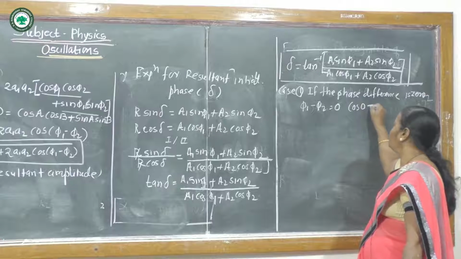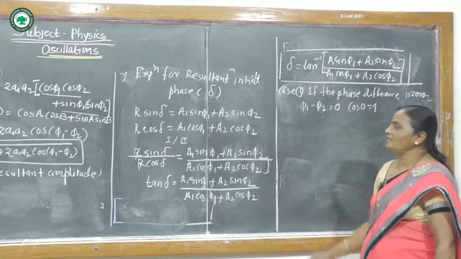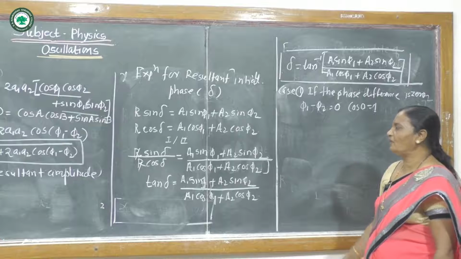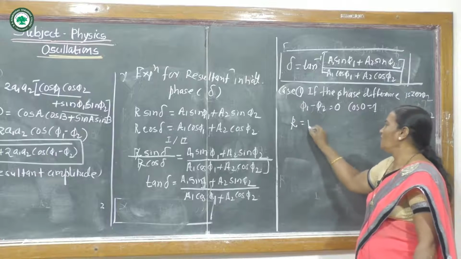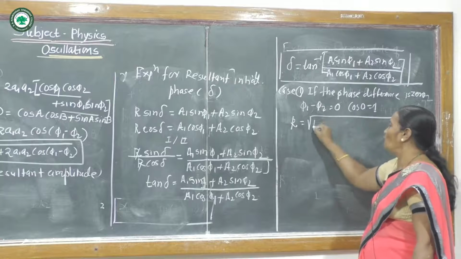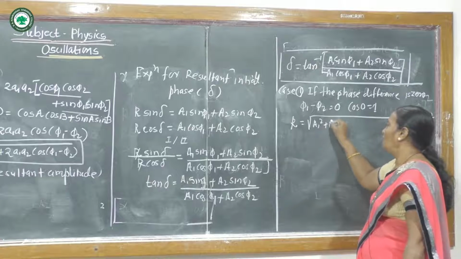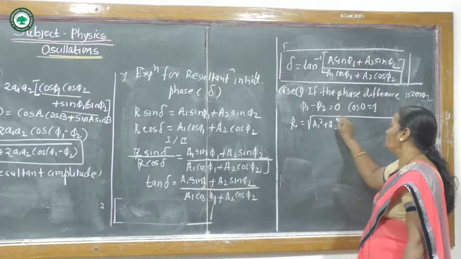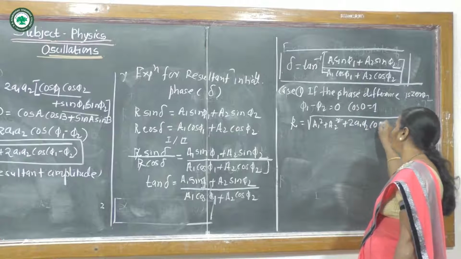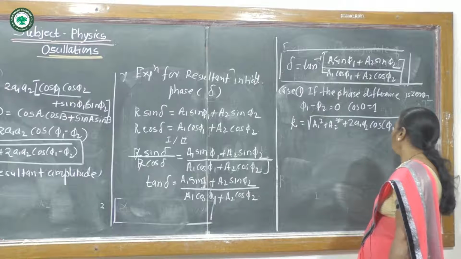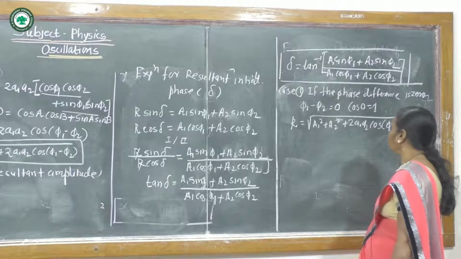The resultant amplitude is given by R is equal to under root A1 square plus A2 square plus 2A1 A2 cos of phi 1 minus phi 2.